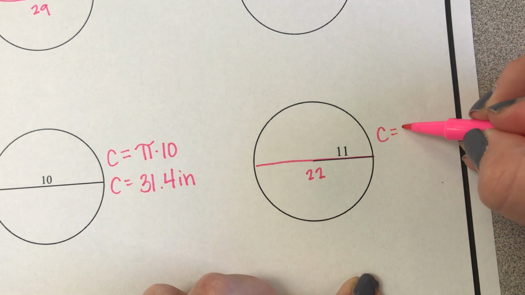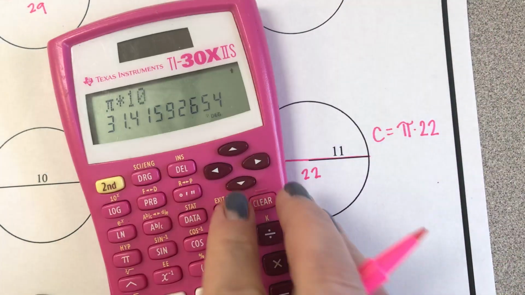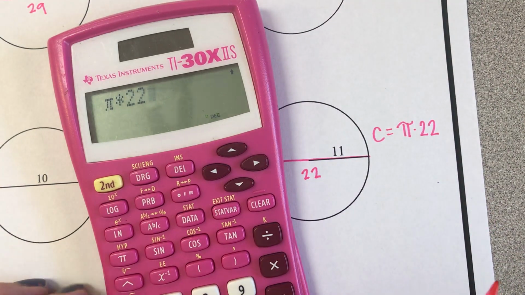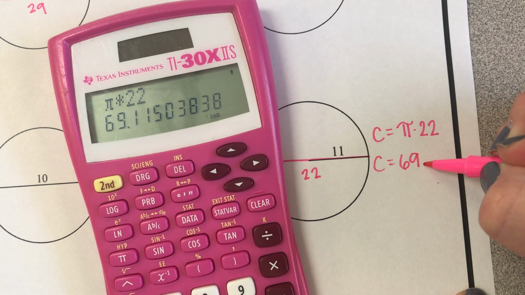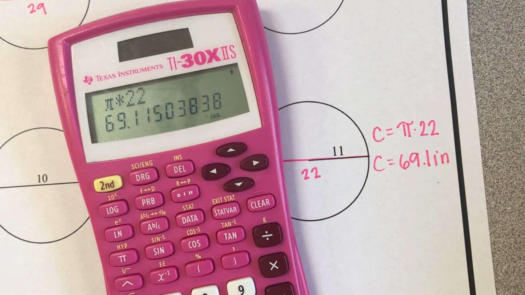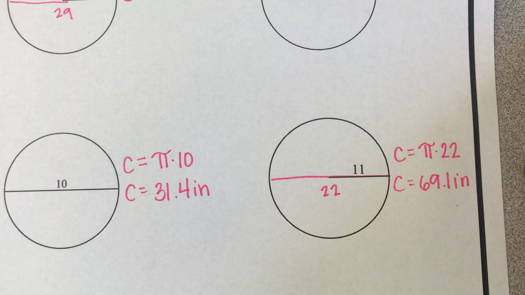So circumference would be pi times 22, rounded to the tenths place, 69.1 inches. So for circumference, all we're doing is pi times the diameter, all the way across.